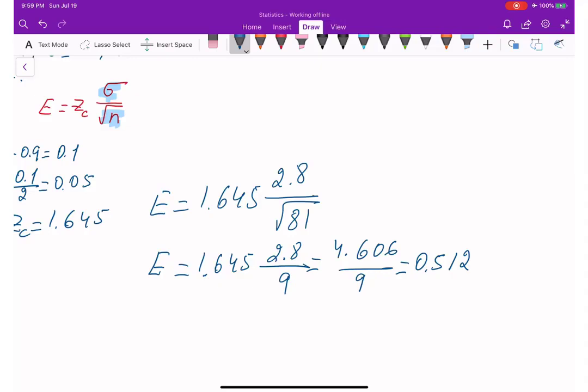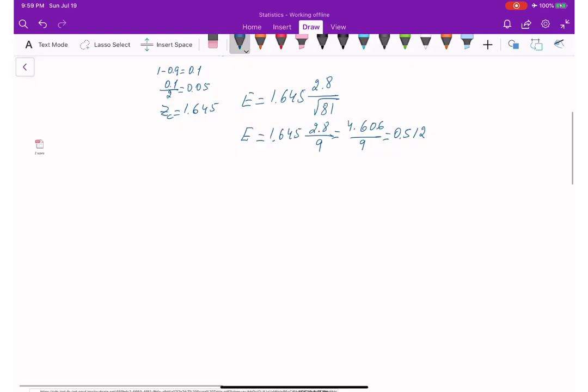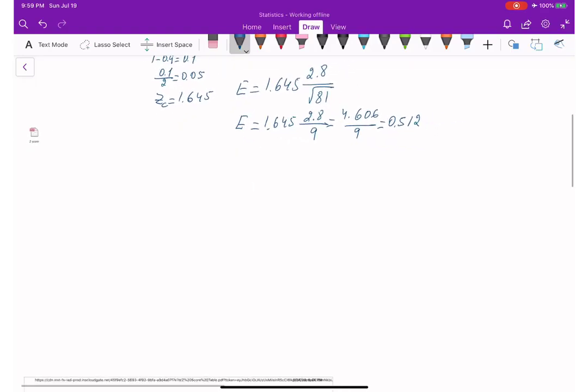Next one, construct the confidence interval for the population mean mu. Okay, given C is equal 0.9.